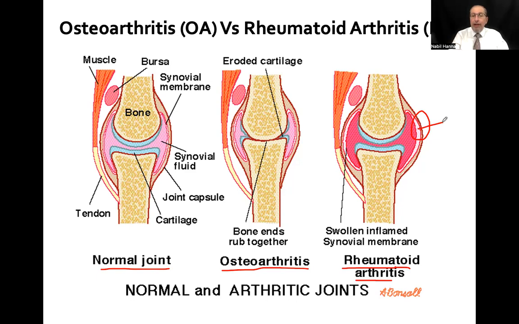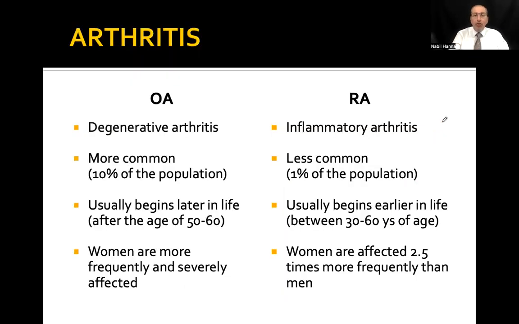Later on, the inflammation will spread into all structures inside and outside the joint, leading to a lot of destruction and deformities of the joint. So osteoarthritis is mainly a degenerative condition, whereas rheumatoid arthritis is inflammatory.